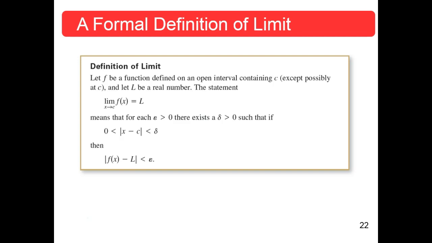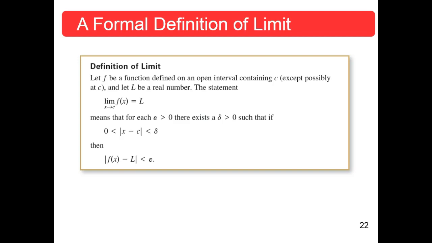Then the statement, the limit as x approaches c of f of x equals L, means that for any epsilon you choose, no matter how tiny, as long as it's greater than 0, there does exist some delta, also greater than 0, maybe incredibly small itself, such that if x is within delta units of c, and it can't equal c so we don't include 0, then you guarantee that the absolute value of f of x minus L is less than epsilon.